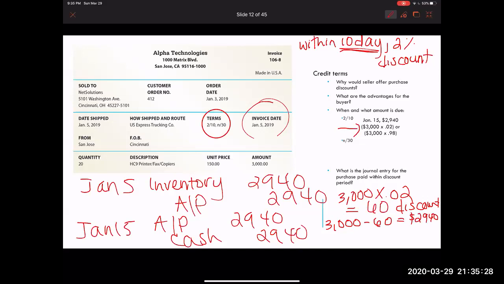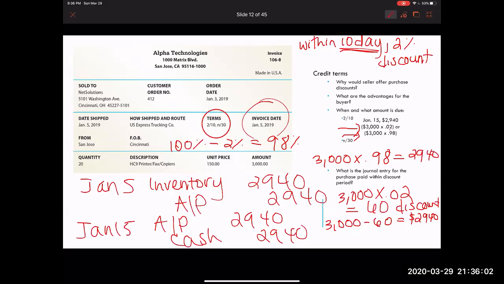Or option number two is, because you're getting a 2% discount, think about what you're left paying. 100% represents the full amount of the invoice. You don't have to pay for 2% of it. Therefore, you're left with paying for 98% of it. So in option number two, you do 3,000 times 98%, which you're responsible for, which will give you the same $29.40.